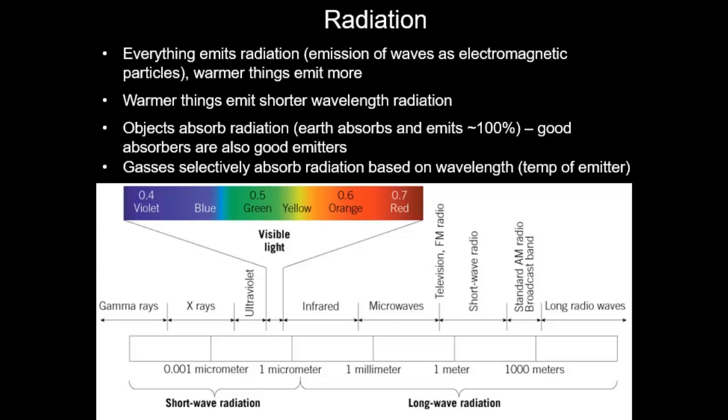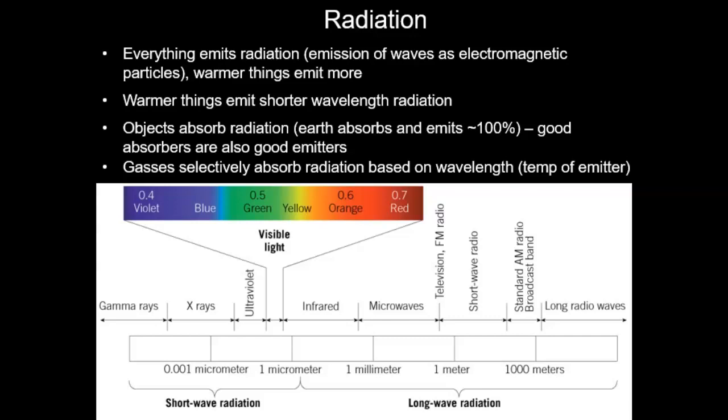So another aspect to make clear is that the objects that are good absorbers are also good emitters. So both the Sun and the Earth are almost perfect radiators because they absorb and emit with about 100% efficiency for their respective temperatures. Opposed to the Sun and the Earth, for example, gases are actually selective absorbers and emitters.